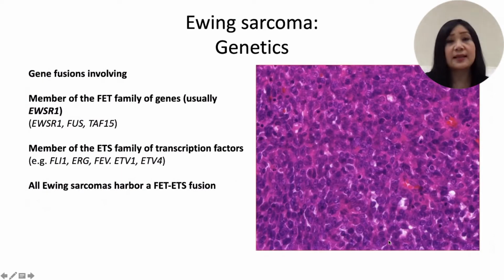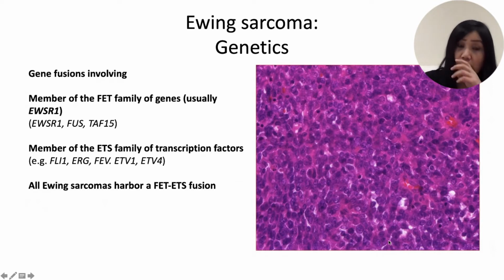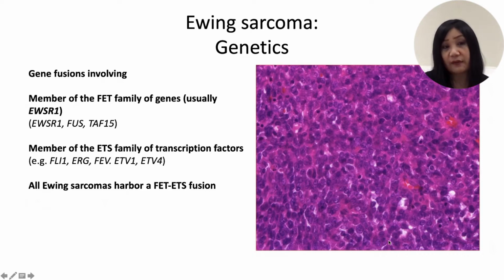So the genetics, these are characterized by fusions of EWSR1 or more rarely FUS with a member of the ETS family of transcription factors. Most frequently, these are FLI1 or ERG, and sometimes these can be FEV or the ETV genes. And all Ewing sarcomas harbor an FET-ETS fusion.